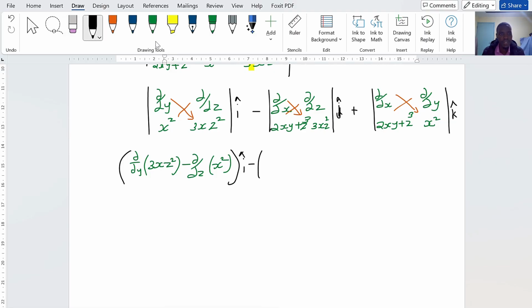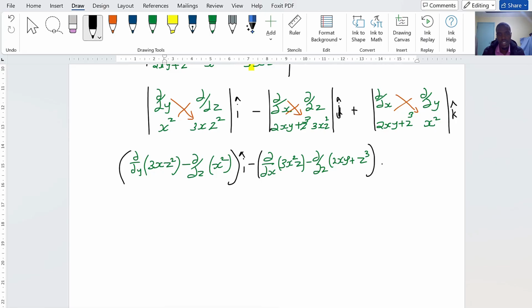Now for j, I'll have d/dx into 3x squared z, then minus d/dz into 2xy plus z cubed.